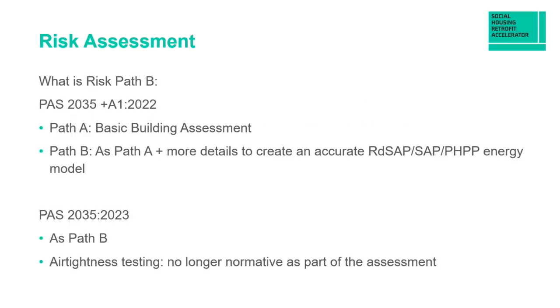So I can hear you all, if you're not familiar with retrofit, asking what is risk pathway B. Well, under the old standards, you had 3 risk pathways, A, B, and C, depending on how complex your retrofit was. Pathway A was just a basic building assessment and nothing else. And pathway B was a basic building assessment plus the more accurate energy model. So in the new standards, every property is now to be assessed as a pathway B.